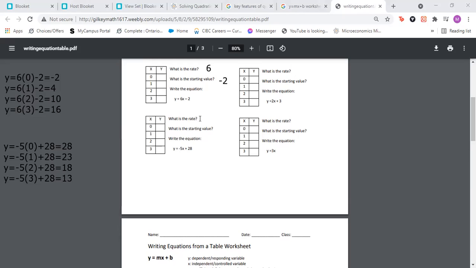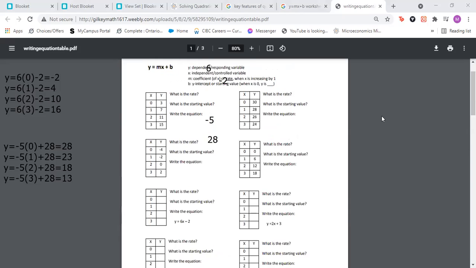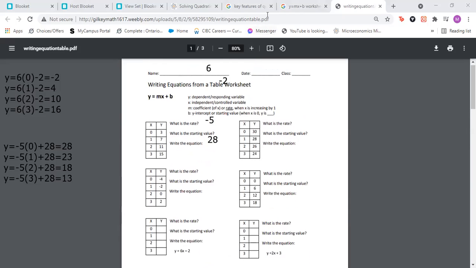Subtract 5 each time. And then what's the y-intercept? Positive 28. That's great. Great job.